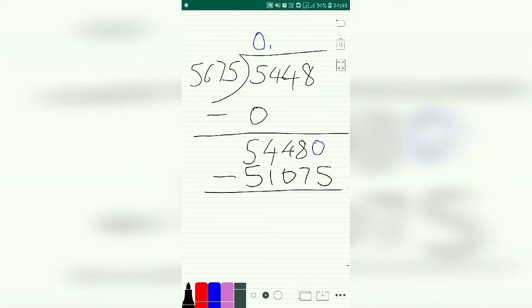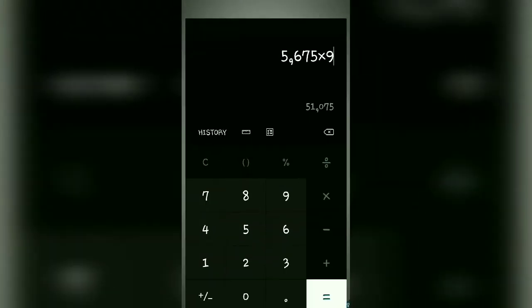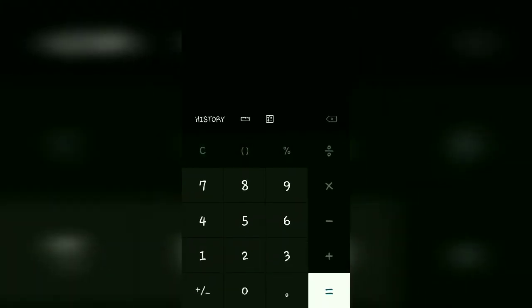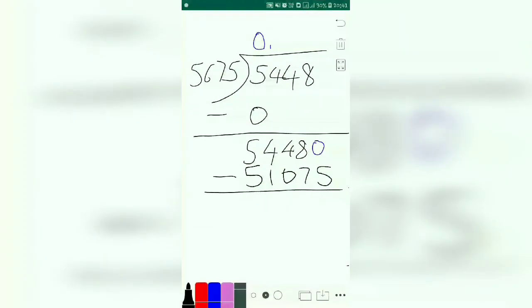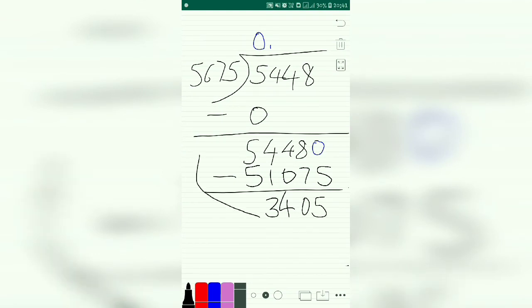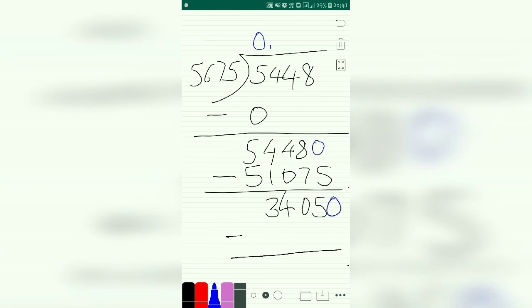So let us do it with it. 54480 minus 51075 will give us 3405. Again, this number is smaller than this number, so what we can do is add one more 0 here.